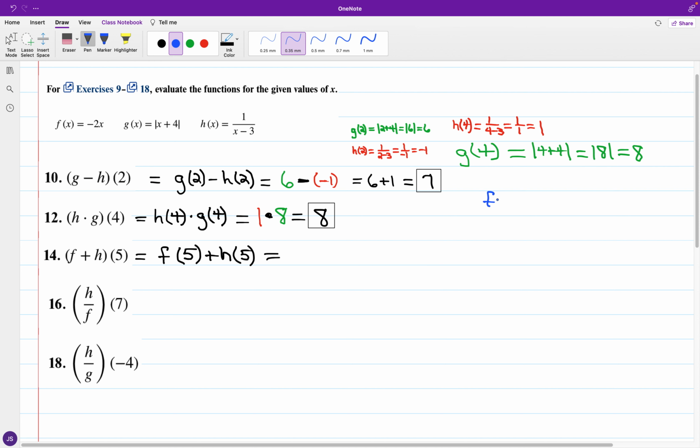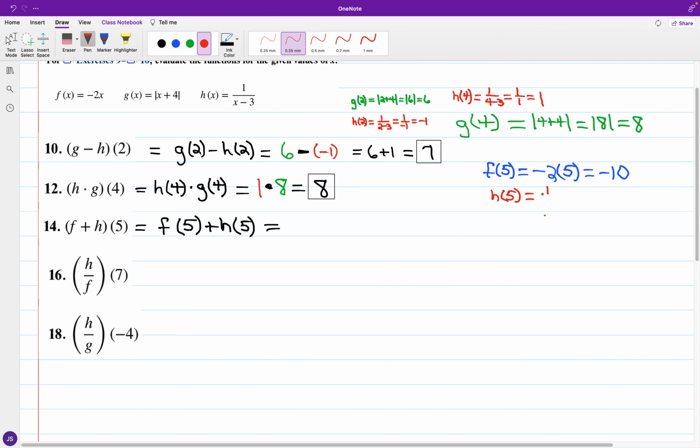In the case of f of 5, again referencing negative 2x, we have negative 2 times 5, which is negative 10. And in the case of h of 5, h of 5 is equal to 1 over 5 minus 3, and so this will come out to 1/2.